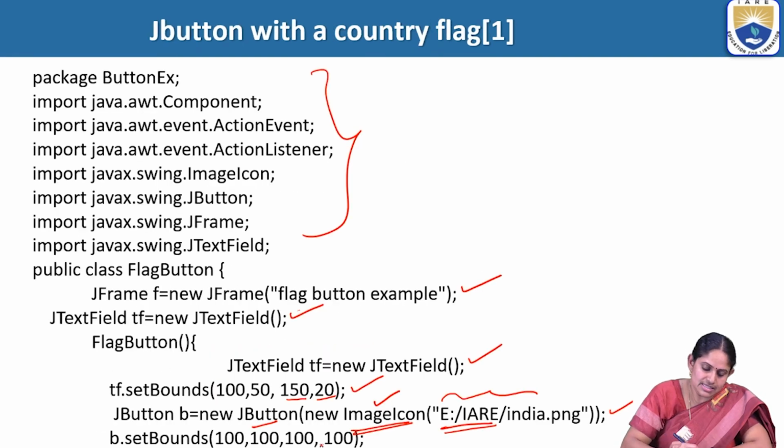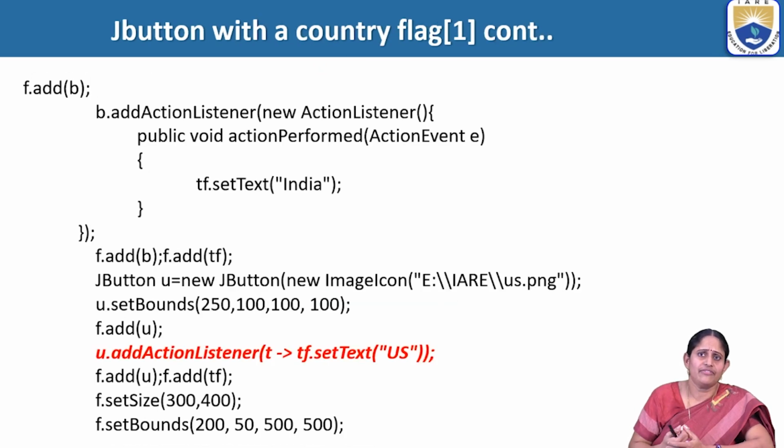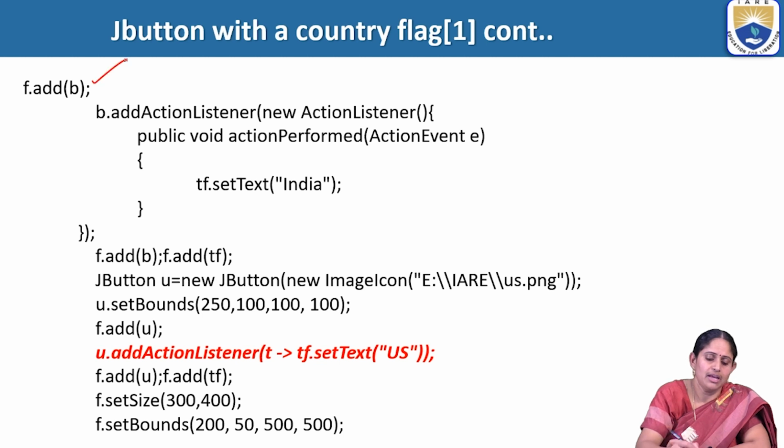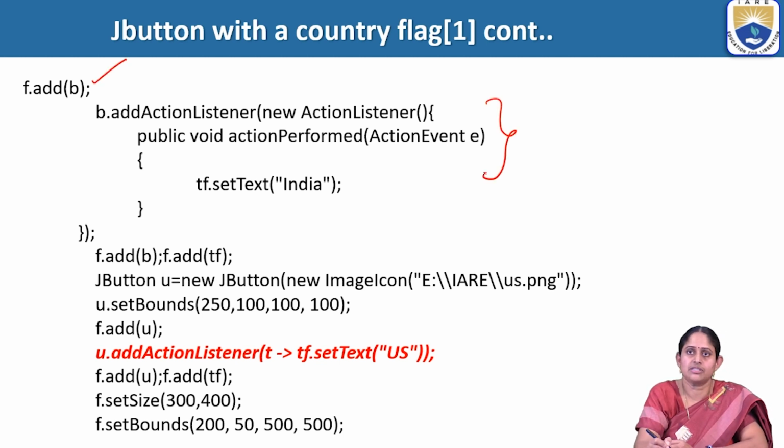Then that button's bounds are set to 100 and sizes of 100 by 100. Then we have added that button onto the frame. Now this is an anonymous class to register the action listener event to the button source.